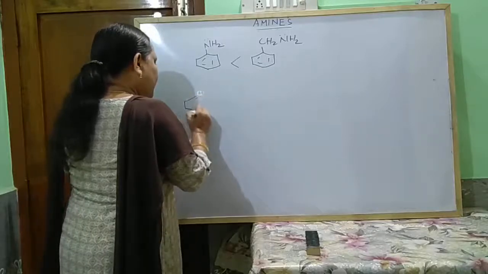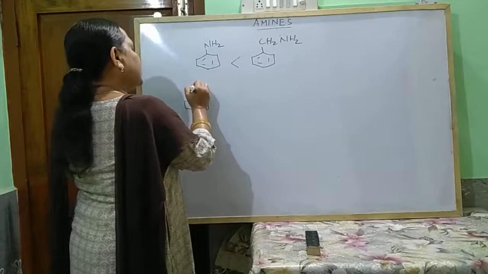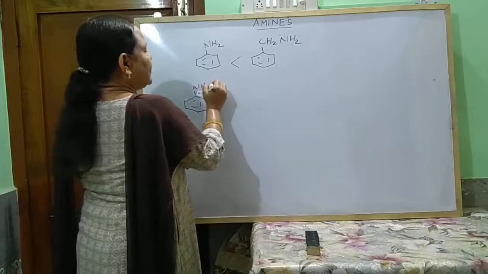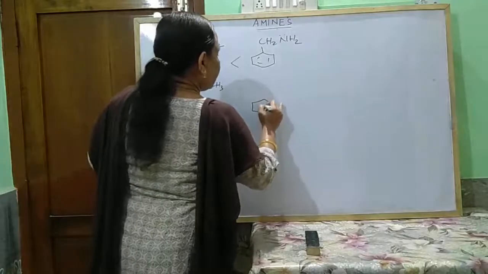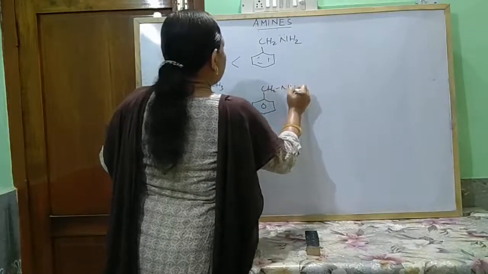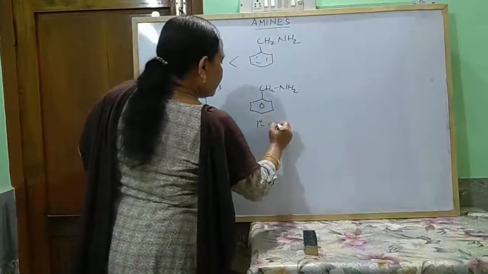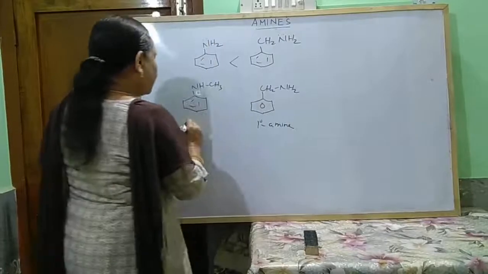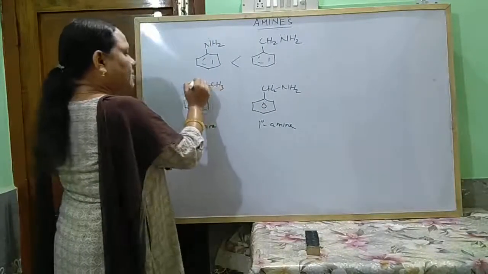Similarly, if we consider, look here, this is NHCH3, N-methyl aniline, and this is benzyl amine. This is a primary amine and this is a secondary amine.